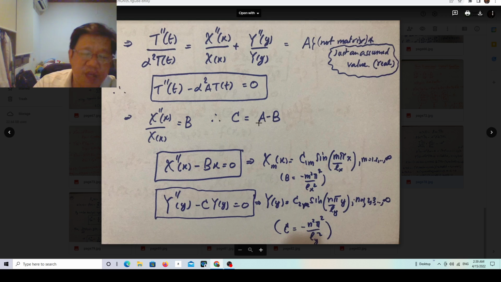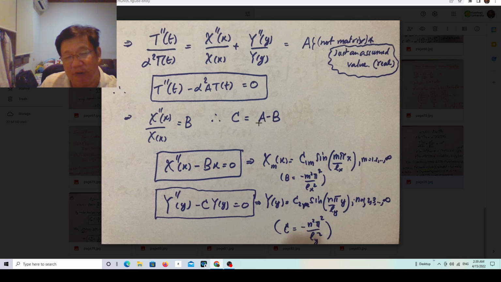I think we're using this type of technique that we already showed you in the case of the two-dimensional Laplace equation, or even the two-dimensional heat equation. You go back and review that.